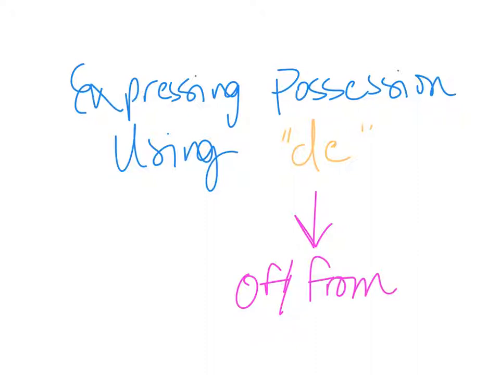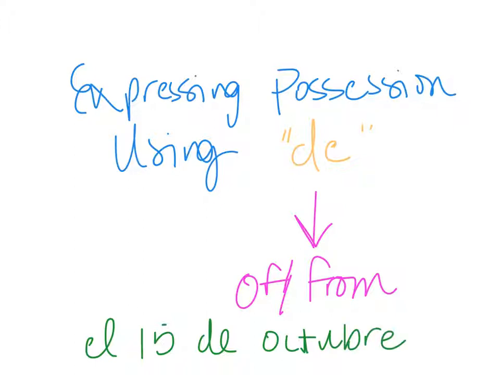Like, you have seen it in the dates when we said el 15 de octubre, okay? This de in this context means the 15th of October, right? But we're going to use it now for nouns.